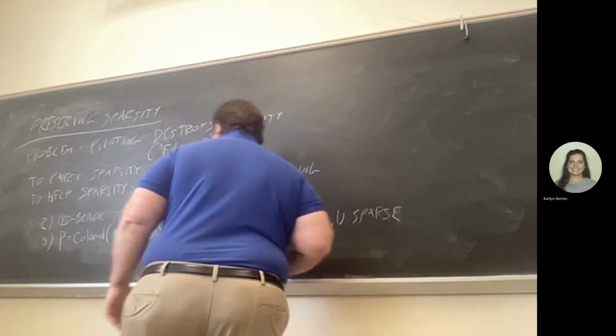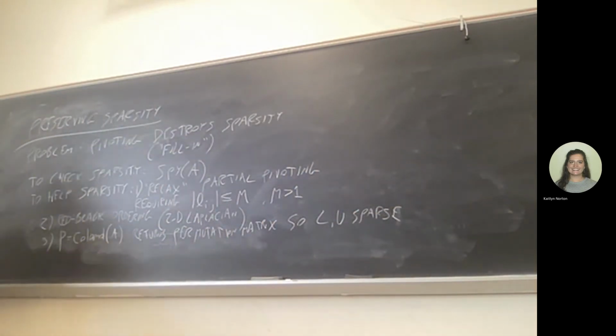And what you do is you use this permutation matrix to do your row swaps in Gaussian elimination instead of partial pivoting. Then when you take the LU factorization of P times A, the LU factors will be as sparse as possible. So it tries to figure out optimal row interchanges to preserve sparsity. What is that command, P equals? COLAMD. Okay, I just wanted to make sure that I was reading that correctly.